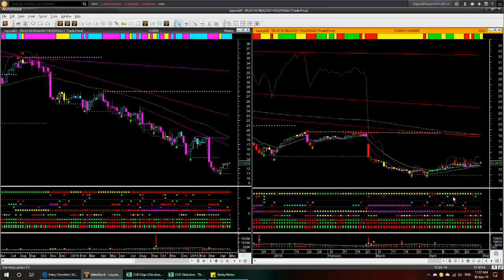Here there are a number of dots. These dots, the upper band, not the second upper band, they indicate if the stock is going up or down with extreme pressure. Pressure is a combination of displacement and volume.